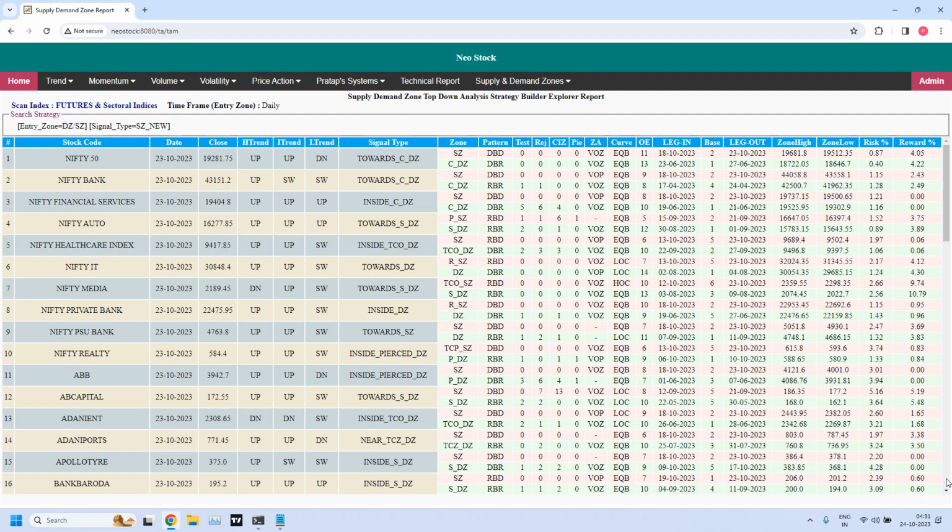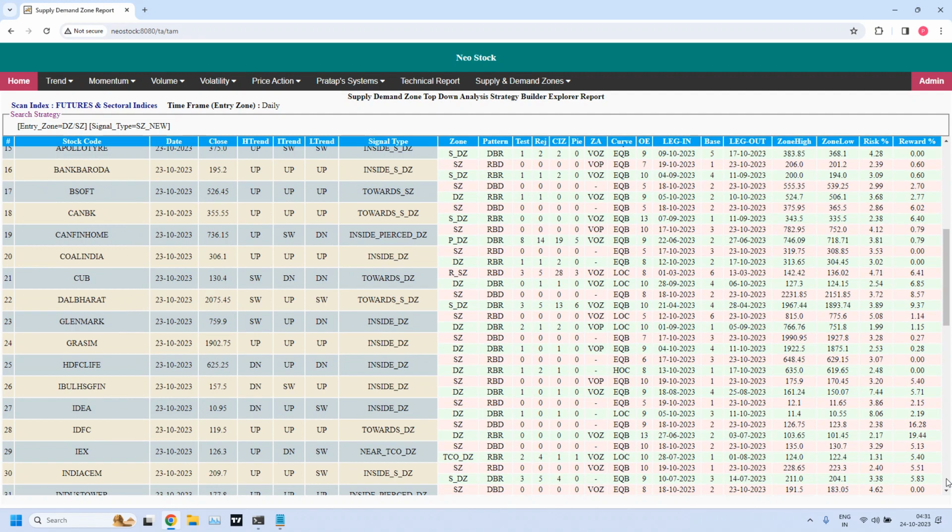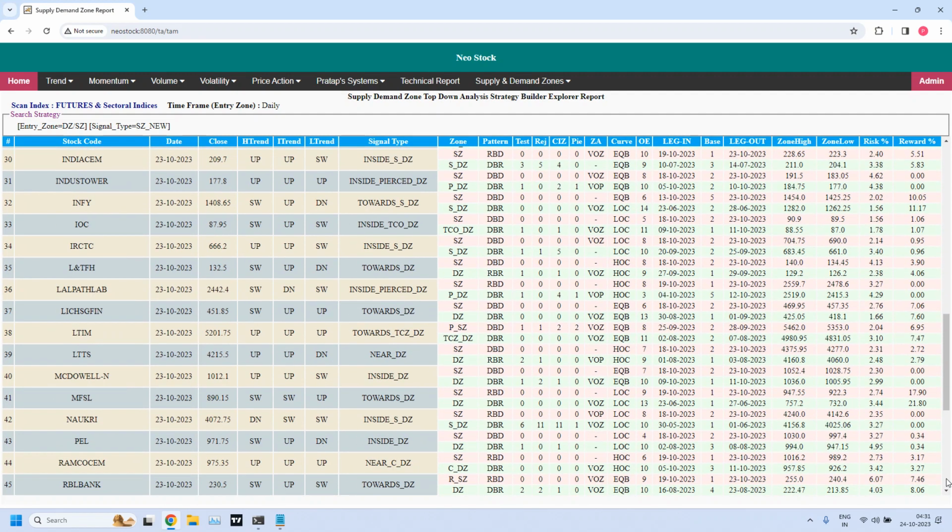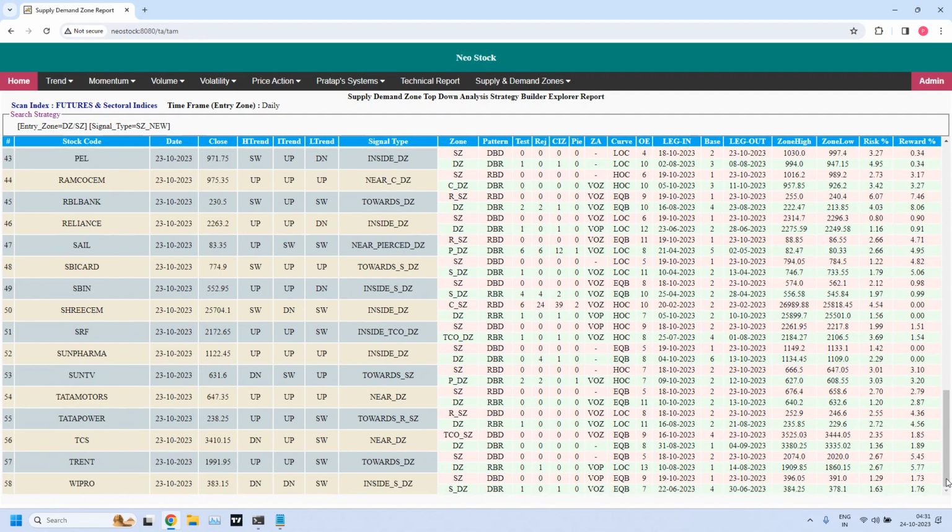Mostly the demand zones would have been tested demand zones, but the newly created supplies are fresh supplies. But the only question is how strong these fresh supplies are, we don't know. So 58 supply zones are created.